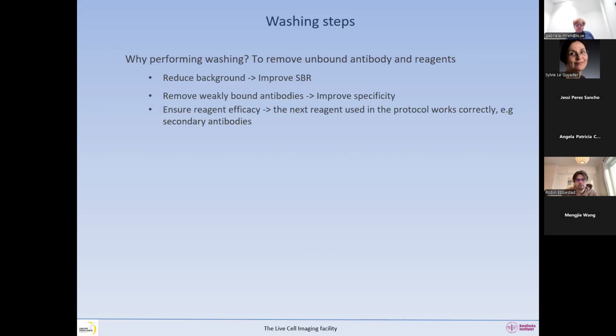And of course, it will ensure reagent efficacy, so that the next reagent used in the protocol will work correctly. If you don't wash properly between different reagents, the next one might not perform at its best. But always be gentle, especially when working with cells.